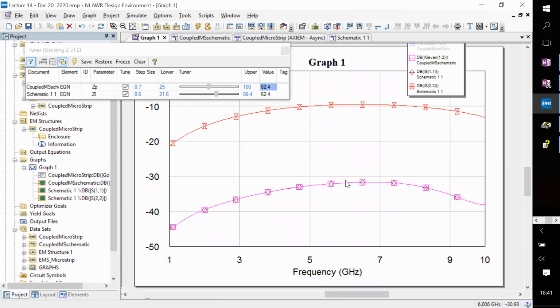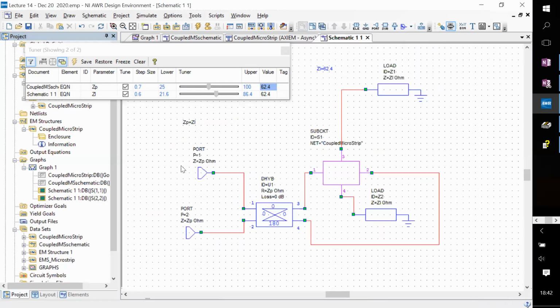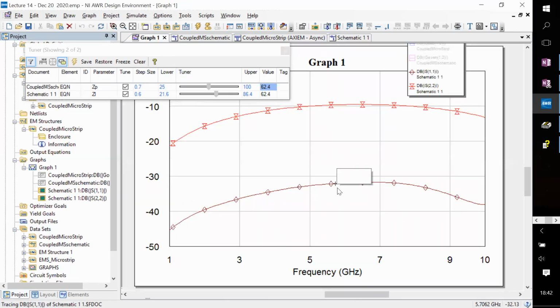Now the setup we have done. To prevent confusion, let me get rid of the other one. So we are now only looking at the schematic and the even mode. Port 1, S11, is effectively the even mode gamma, and S22 is the odd mode gamma. The impedances have been set to match the even mode situation, which is why S11 is low and S22 is somewhat intermediate.